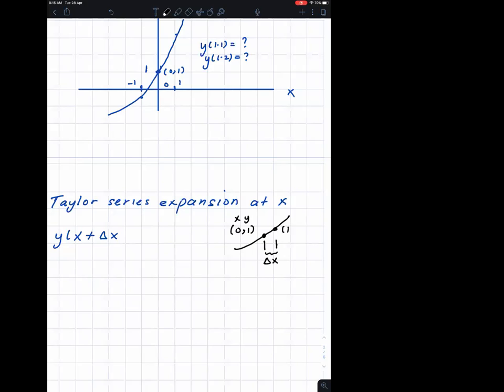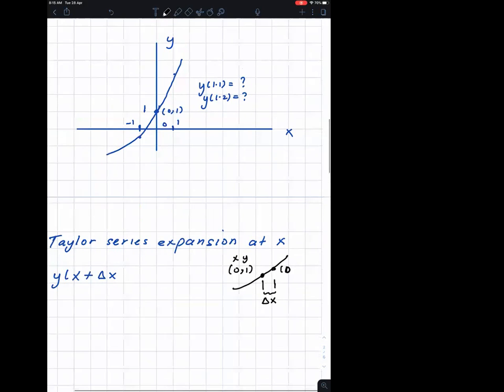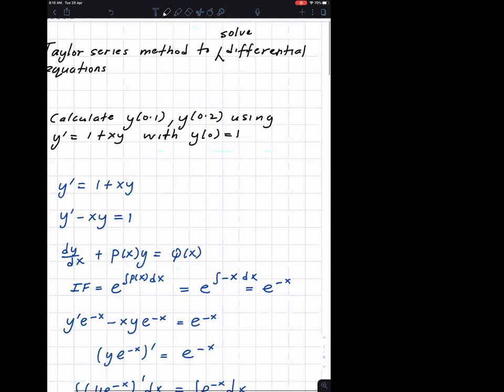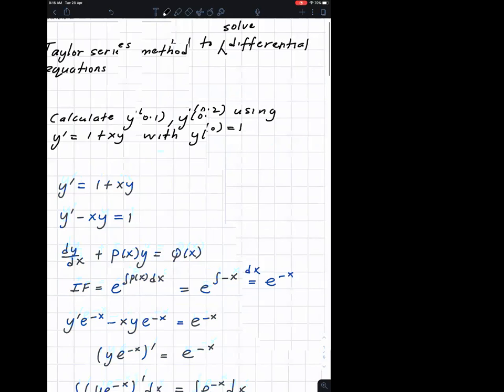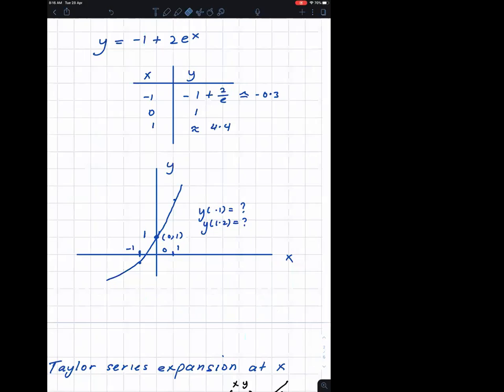So this point is like 0.1. In this case, what is the initial point? Initial point x equals 0.